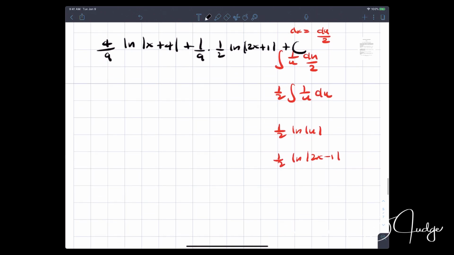So let's write it clearly down here: 4/9 natural log absolute value of x plus 4 plus 1/18 natural log absolute value of 2x minus 1 plus c.